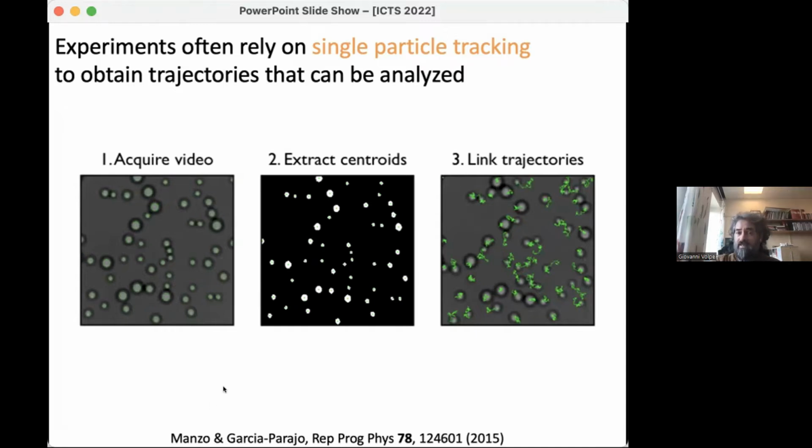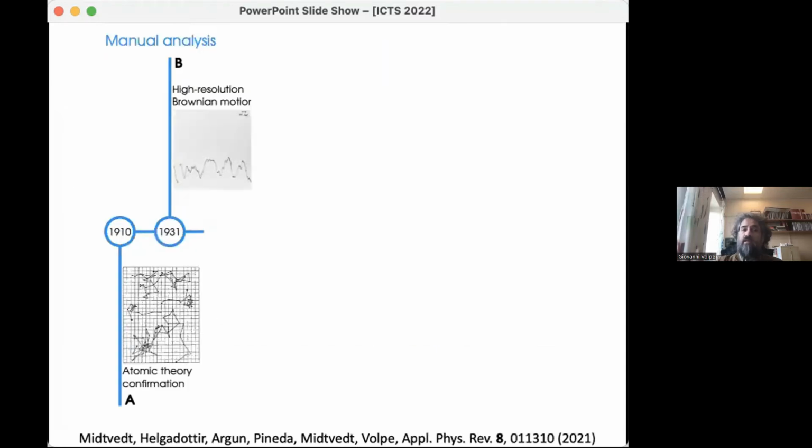I mean, this is standard, has been around for many years, works very well, but of course the field of particle tracking is not restricted to microscopic particles in the biological field and goes back a long time. It goes back really to the beginning of the 20th century with experiments which actually convinced the world of the existence of atoms.